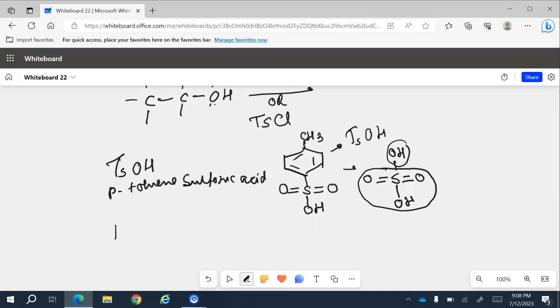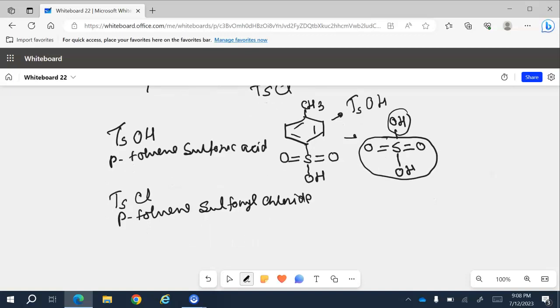Or we can also use TsCl, that is called para-toluene sulfonyl chloride, which is very similar to sulfonic acid. The only difference here is in TsCl you have, this is the benzene ring with a CH3 group, that is toluene, and sulfonyl chloride has S double bond O, and instead of OH you have here Cl.